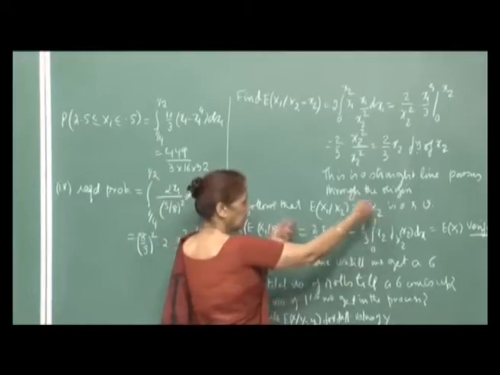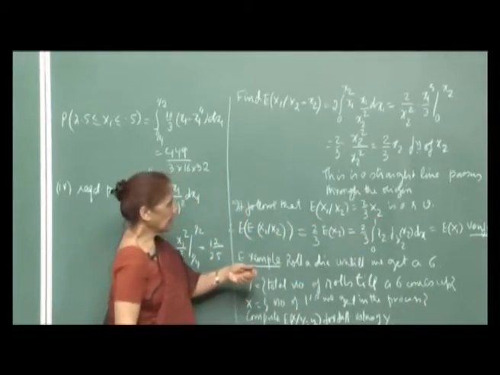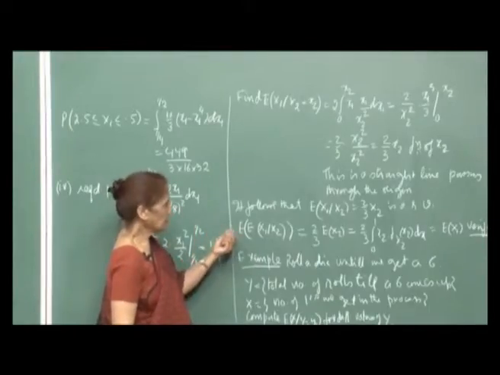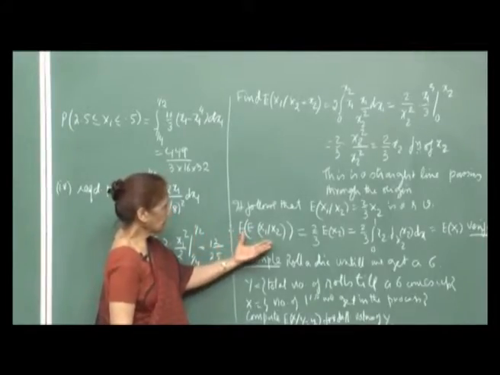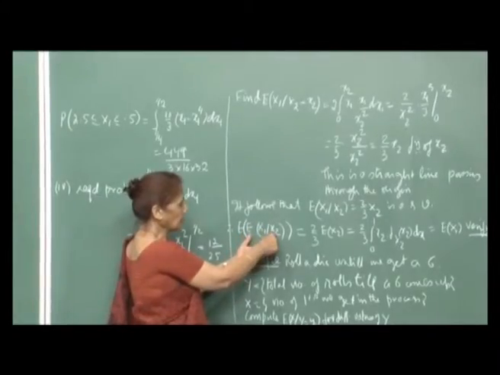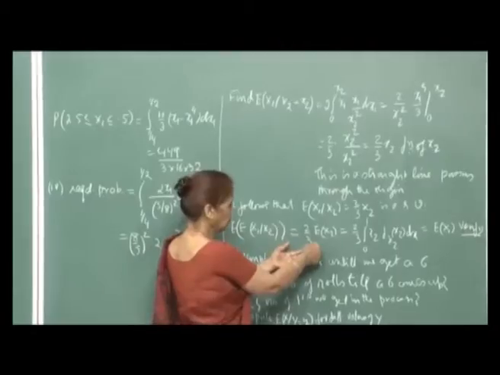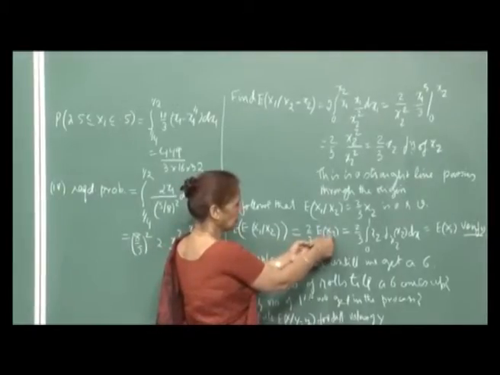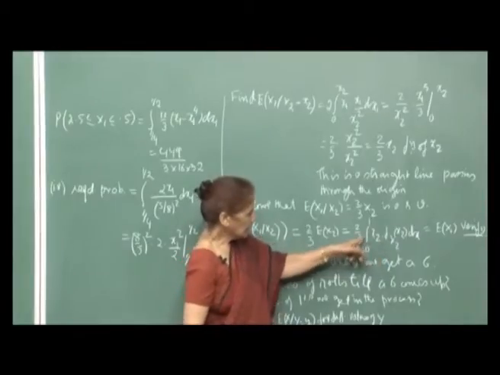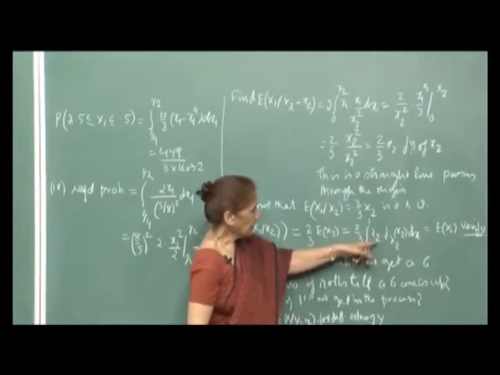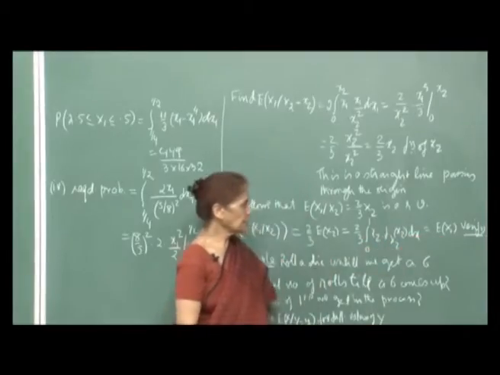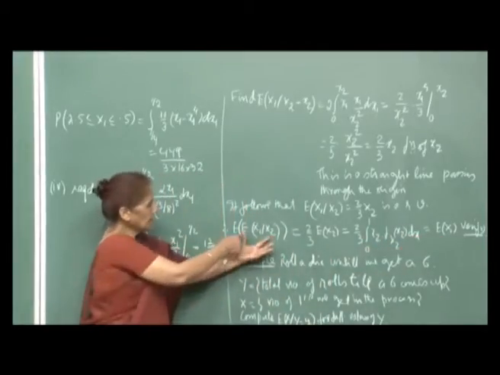And therefore, since this is now a random variable, we can again talk about its expected value, and I had done this in the last lecture also. So, the expectation of x1 conditioned on X2 will be just 2 by 3 into the expectation of X2, which by the formula would be the integral 2 by 3, 0 to 1, x2 f_X2(x2) dx2, and this will turn out to be the expected value of x1.